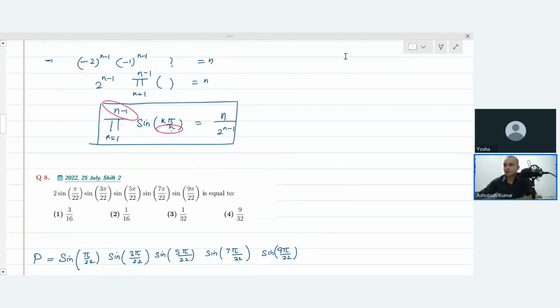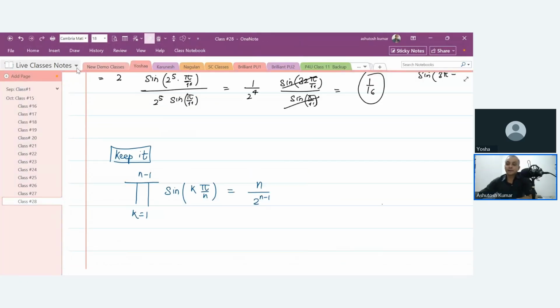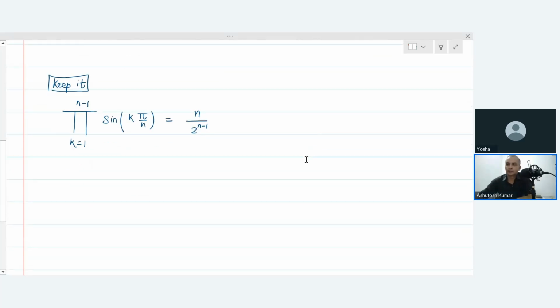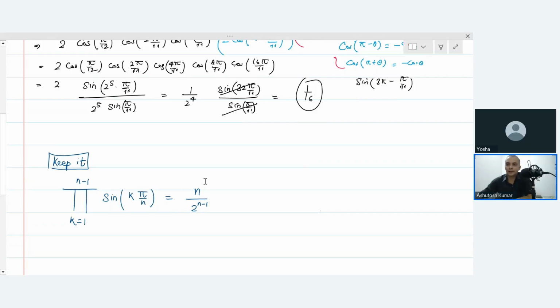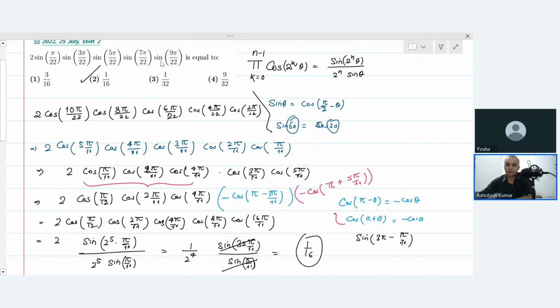But I don't want you to learn this proof because it's very lengthy, and when complex numbers come, we will learn it. So how will this thing help make our solution shorter for this question?